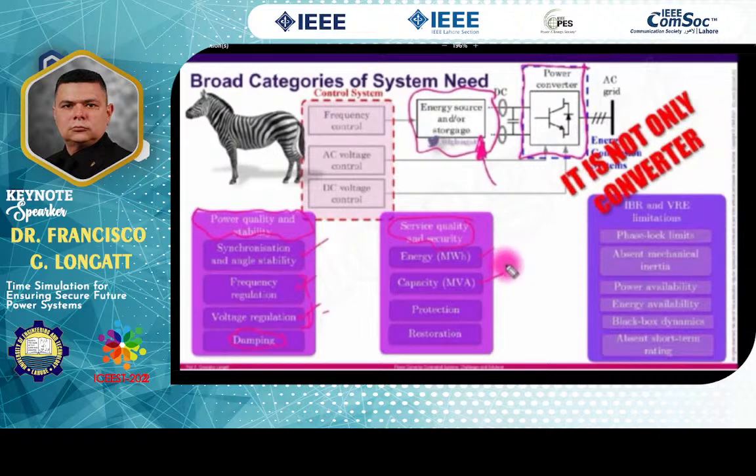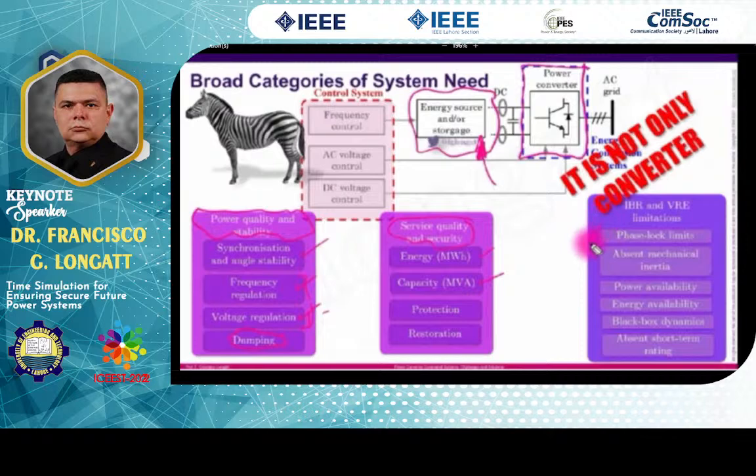I will not go into full detail here, but you must understand that PV and wind power have restrictions regarding the primary energy resource changing. And there are many other limitations related to the inverter.